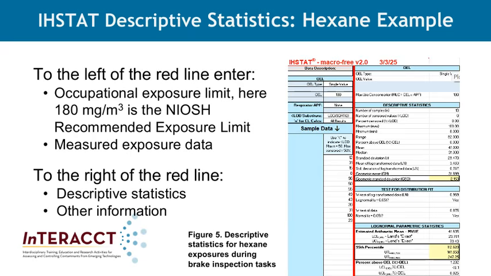IHStat calculated this value as 247.25 milligrams per cubic meter hexane, which means that there is some chance that the 95th percentile of the true distribution of exposures may exceed the OEL of 180 milligrams per cubic meter hexane. Here in this module, my goal is to illustrate the tool IHStat, and other modules explain the meaning and interpretation of these statistics in more detail.